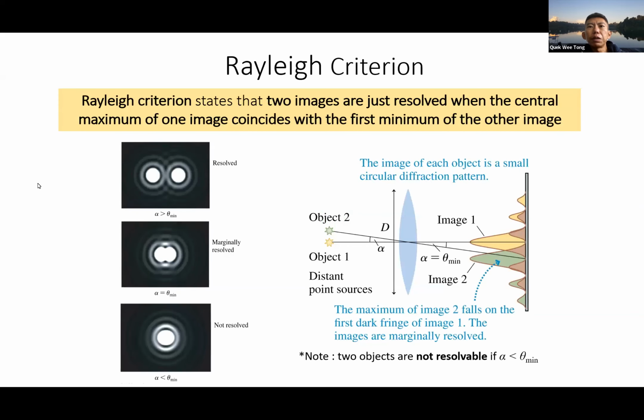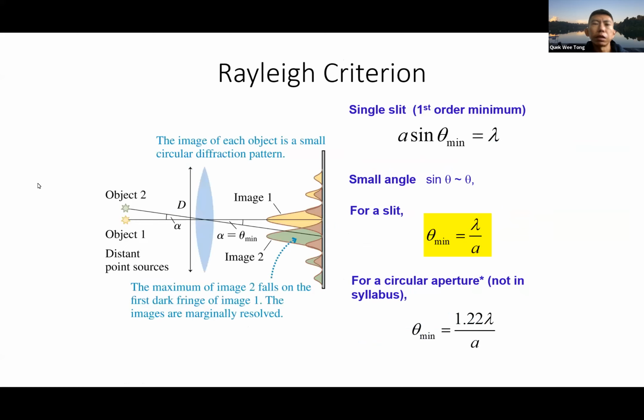So what is the limit that allows us to tell? The limit is as such. Let's look at the next diagram. This diagram is clearer. If the angle between them is just nice equal to the first order minima of either of the sources, and we must have the sources with the same lambda, then this equation is easier to work out.